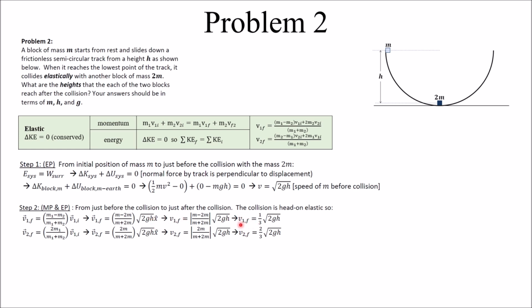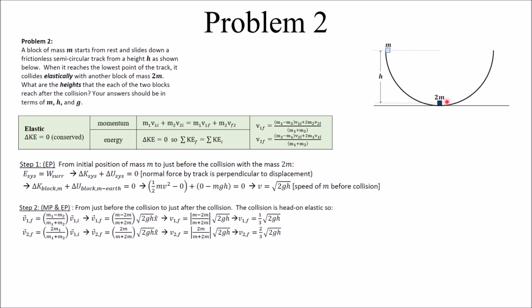We are going to get a final velocity of the first object of 1/3 of the square root of 2gh, and then the final velocity after that collision of the second mass of 2/3 of the square root of 2gh.